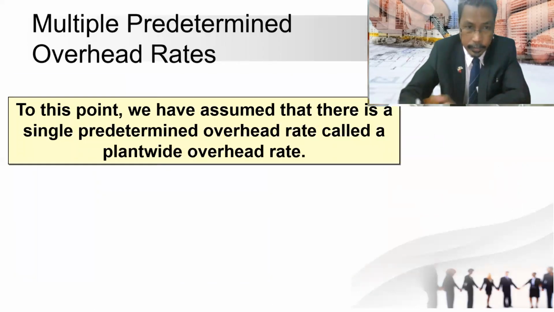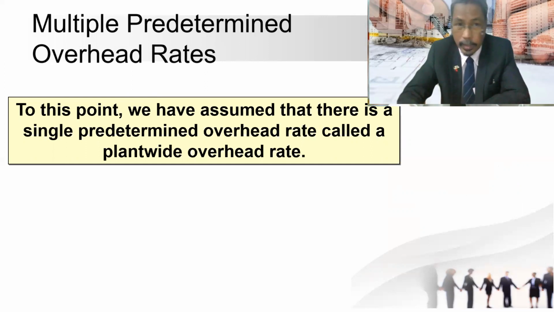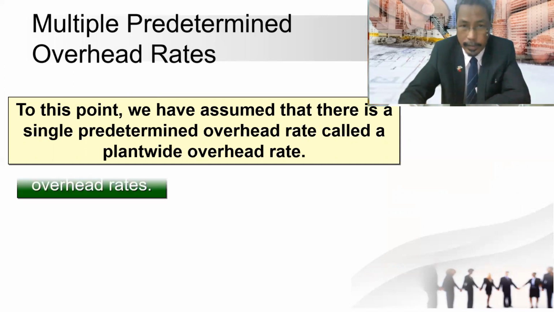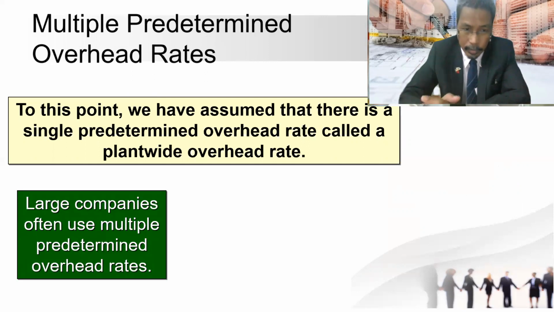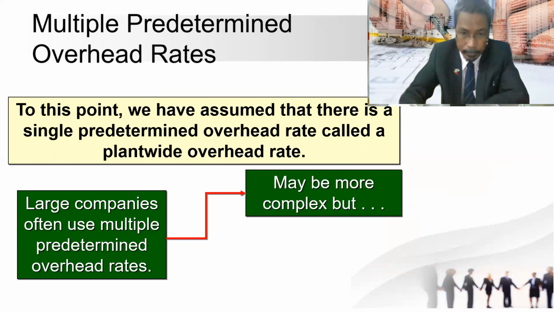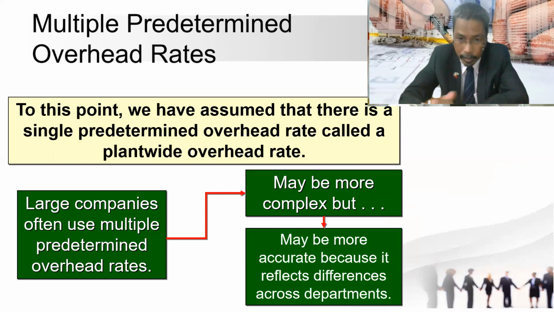Another important concept. To this point, we have assumed that there is a single predetermined overhead rate called plant-wide overhead rate. Large companies often use multiple predetermined overhead rates per department or per division. It may be more complex, but may be more accurate because it reflects differences across departments.